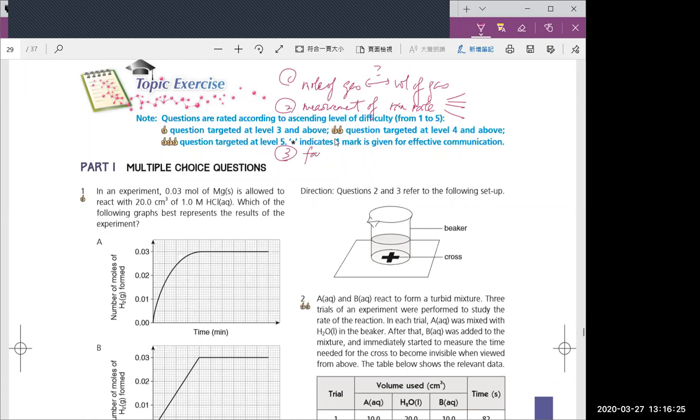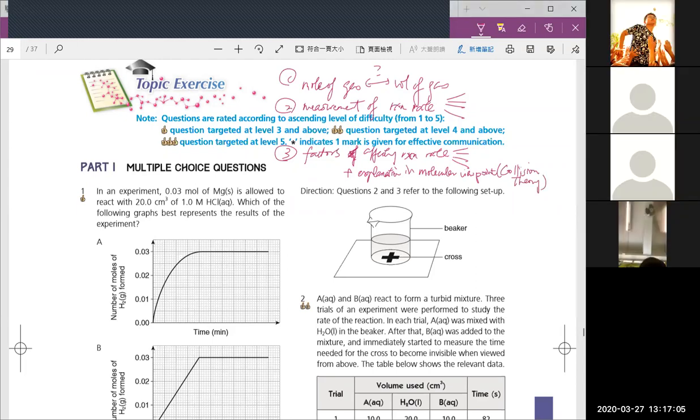And three, you get to know the factors affecting the reaction rate, together with some explanation from the molecular viewpoint. In short, what we just talked about is collision theory. So this is what you may know about those three.